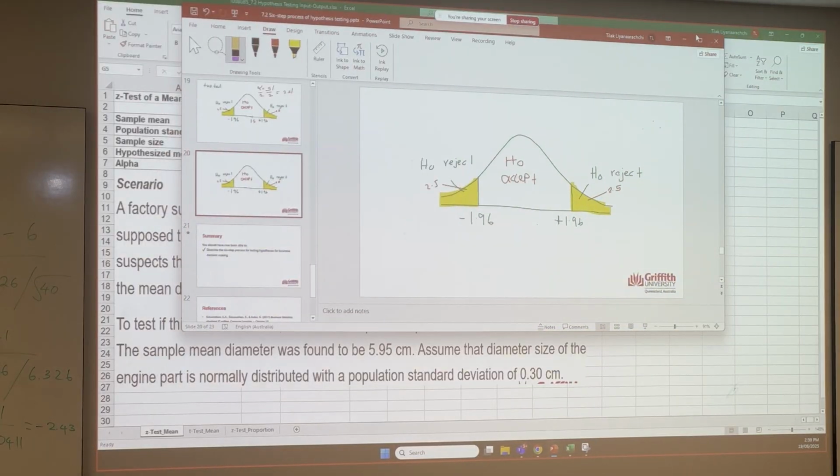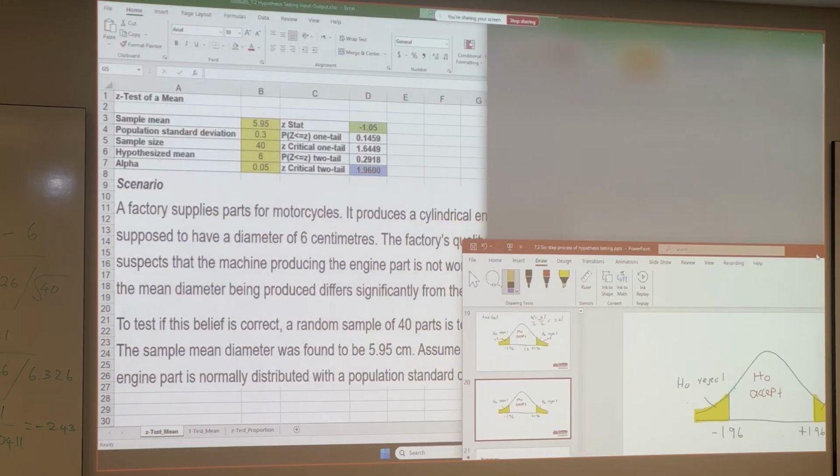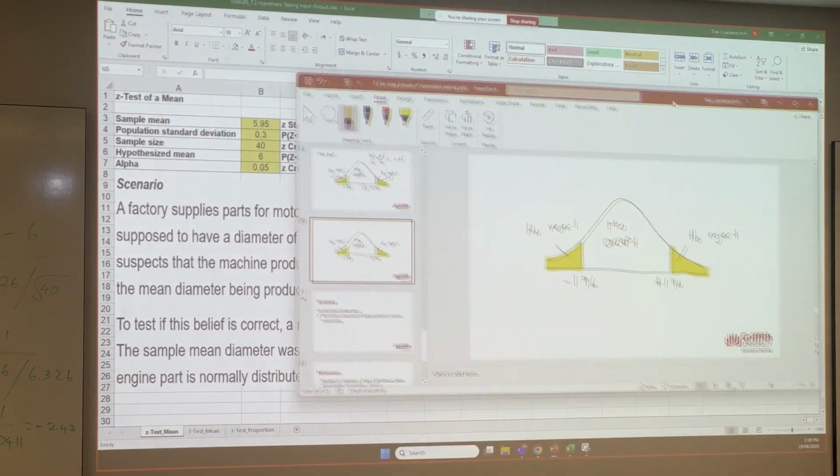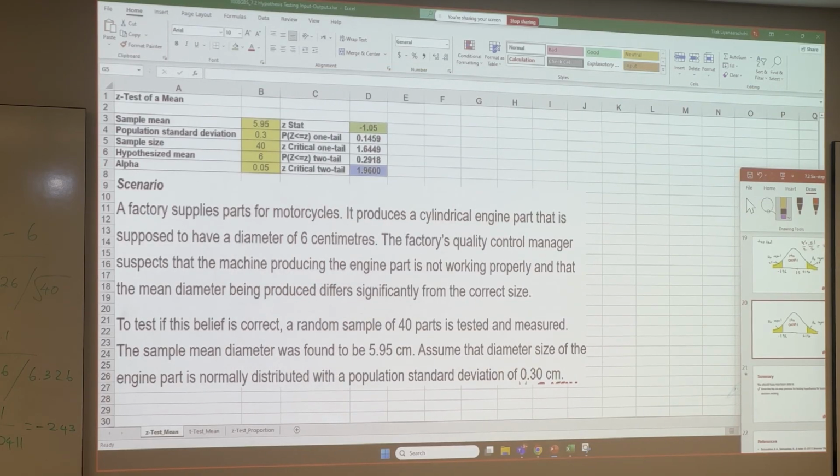You can do it like this. Go to the distribution. The distribution has an area, H naught acceptance and rejection. Your critical value is always 1.96, that never changes. The only thing is the Z statistic, that's the one that changes. How much is the Z stat?